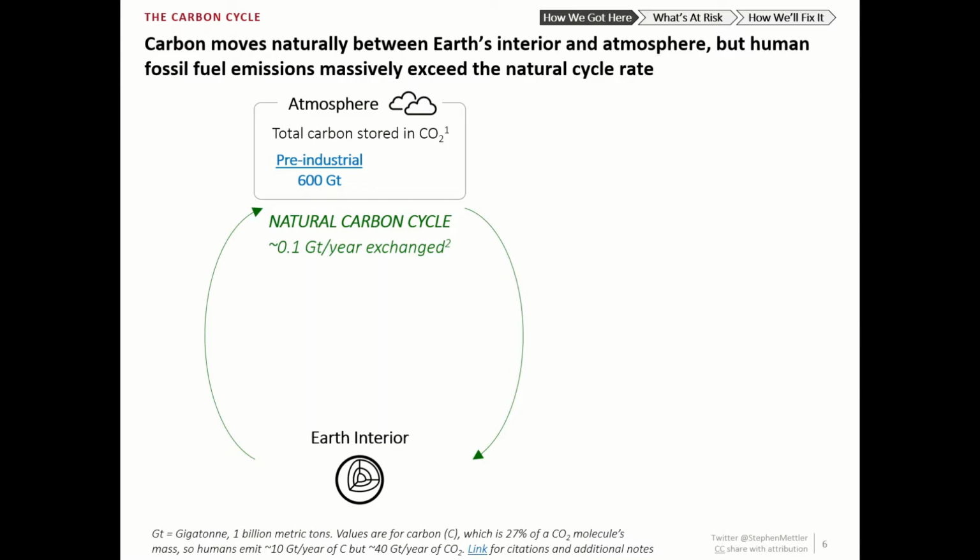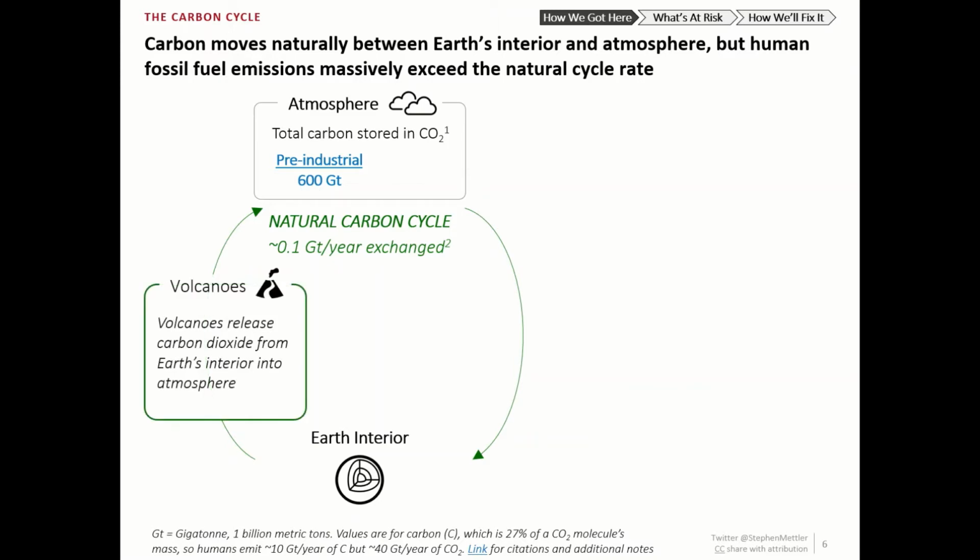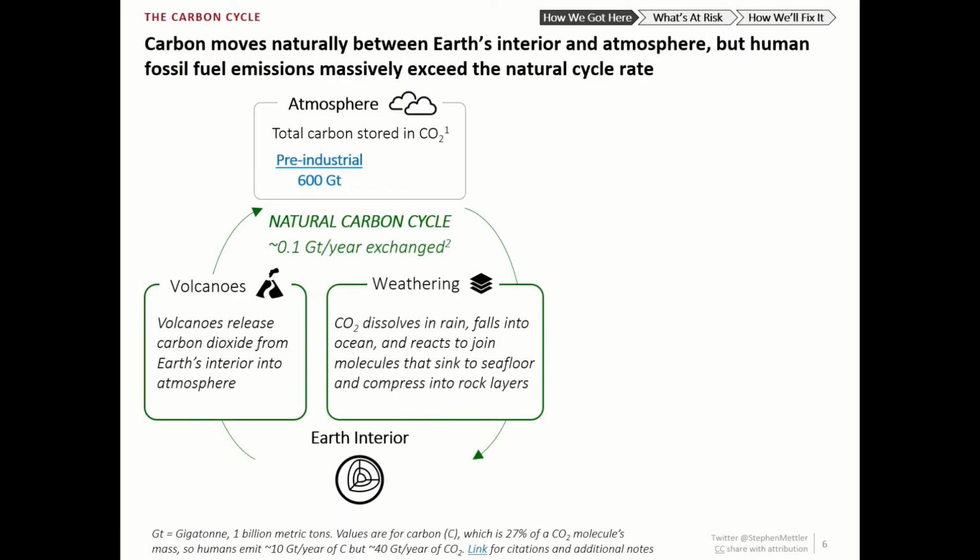Carbon can cycle from the interior to the atmosphere through volcanic eruptions, and it can return from the atmosphere to the interior through a process called weathering, in which carbon dioxide is dissolved in rain, forms in the ocean into chemical compounds that can sink to the seafloor and be compressed into rock layers, rejoining the crust of the Earth.